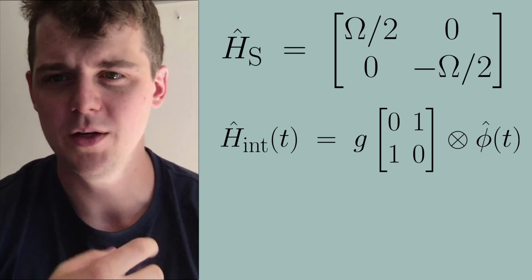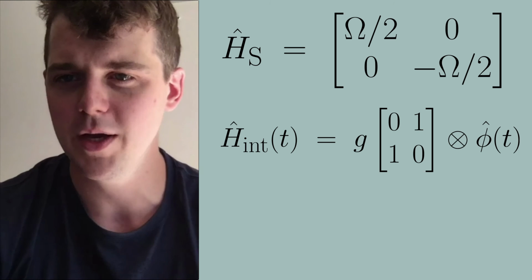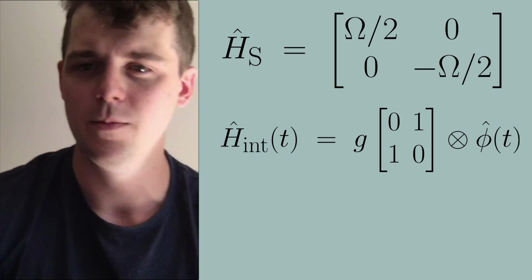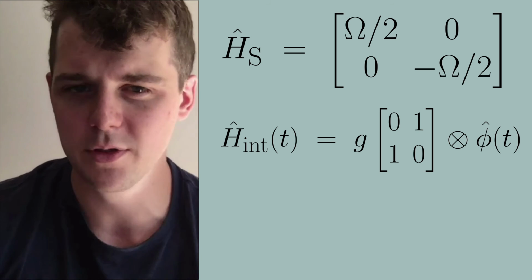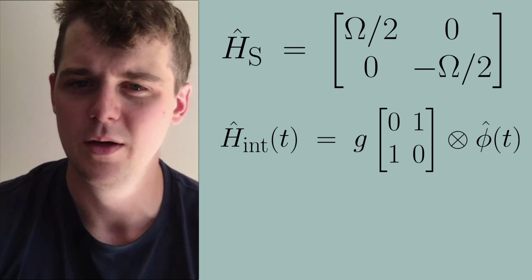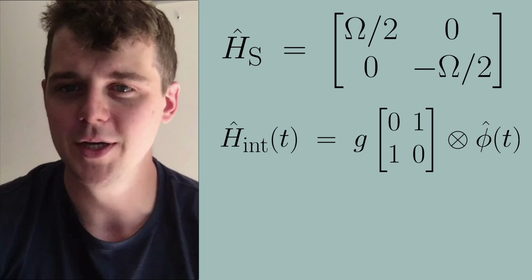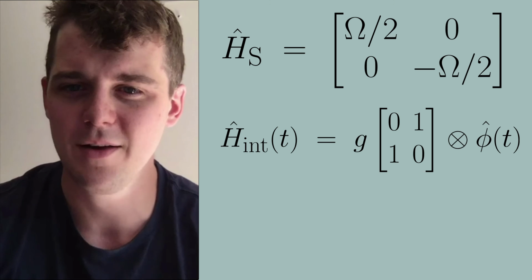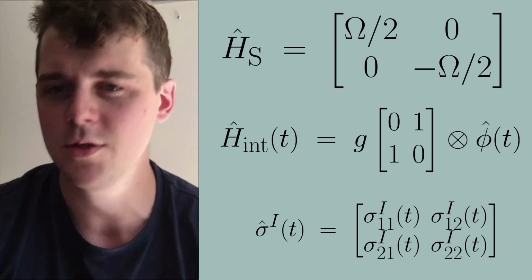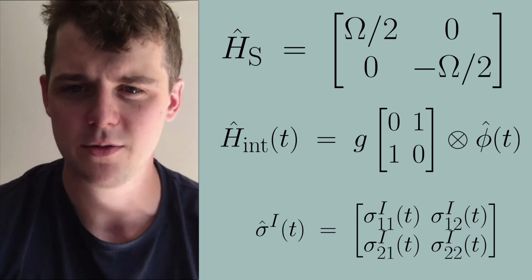So what we're going to do is once we partial trace away all the environment degrees of freedom, we're left with a reduced density matrix describing what the qubit's doing. And that's going to be just a 2 by 2 matrix. So we're going to have some components sigma 1, 1, and so on in this 2 by 2 matrix.